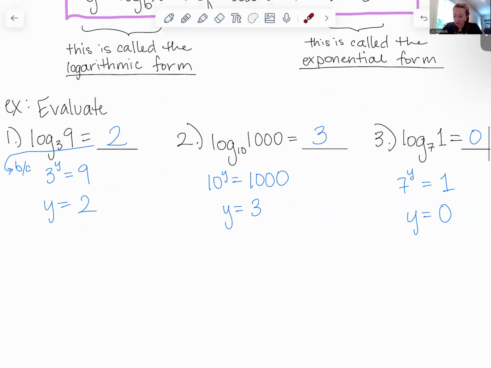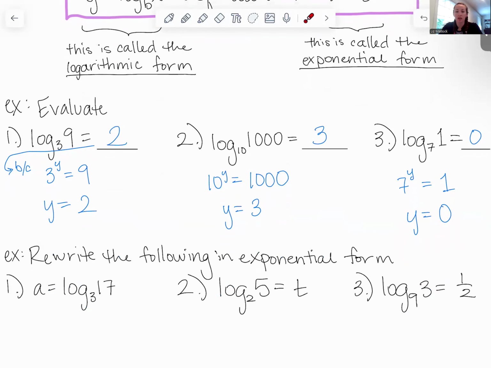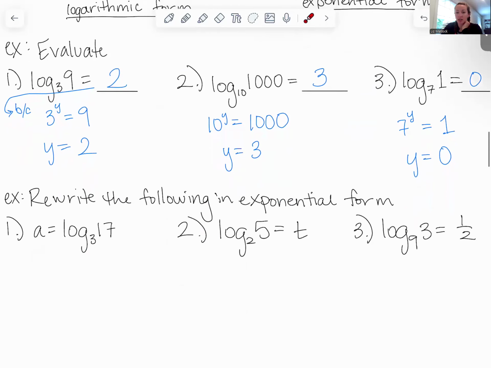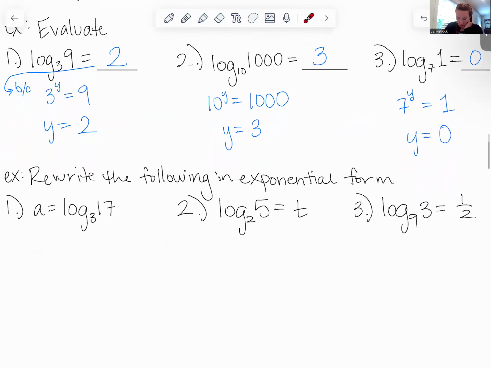So that's what we have here. And so a lot of what we work with with log functions can be solved or evaluated or helped along by switching forms. So similarly here, we're going to rewrite the following in exponential form. So this is already written as an equation type of thing. And so I want to switch that form to be exponential. So here's my base.